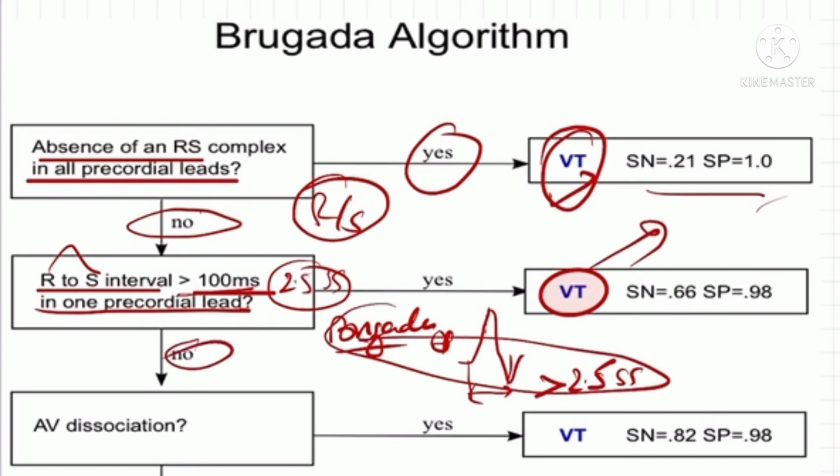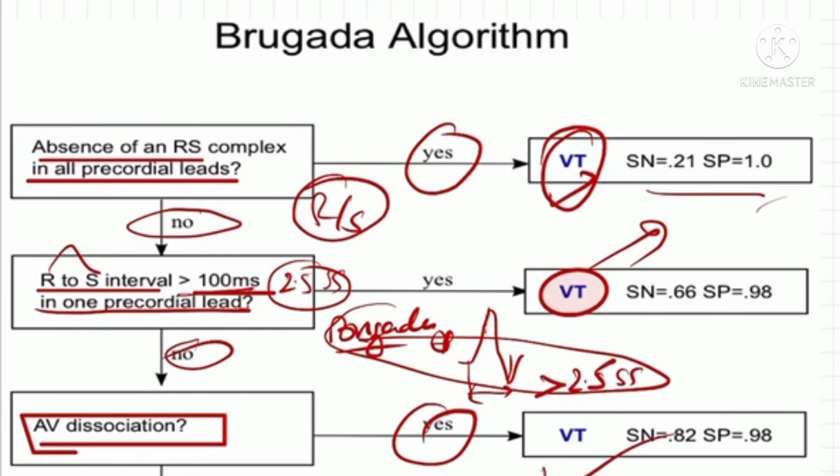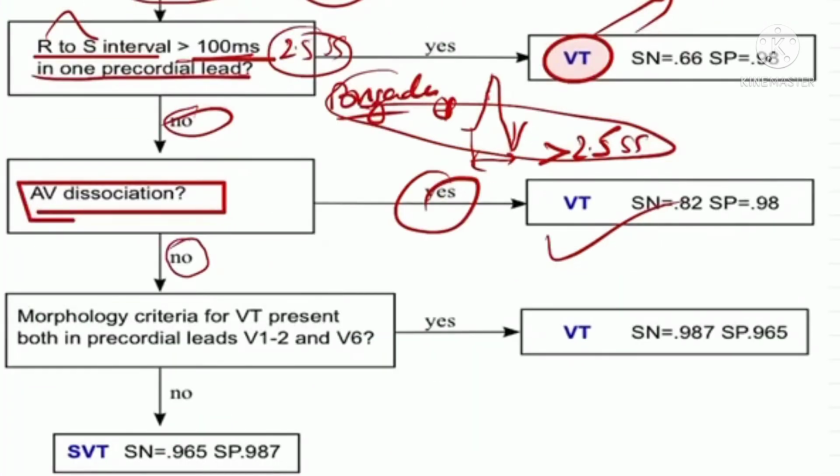नहीं है Brugada साइन, देन सी AB dissociation. AB dissociation है तो मोस्ट लाइकली VT. If there is no AB dissociation, then we see the another criteria, that means morphology criteria of the BT.